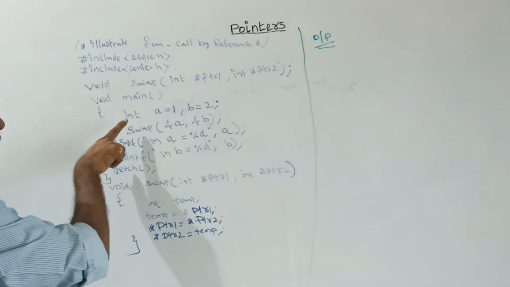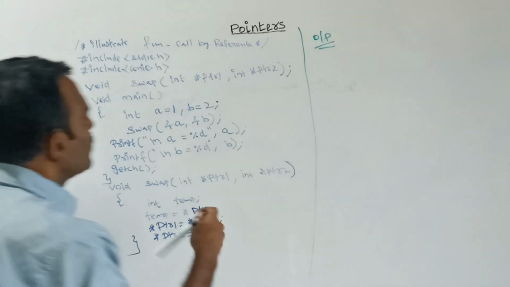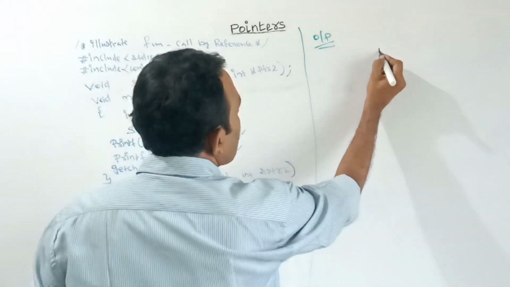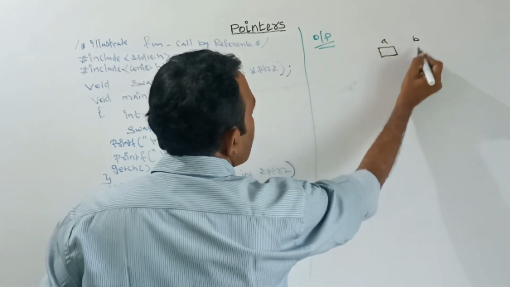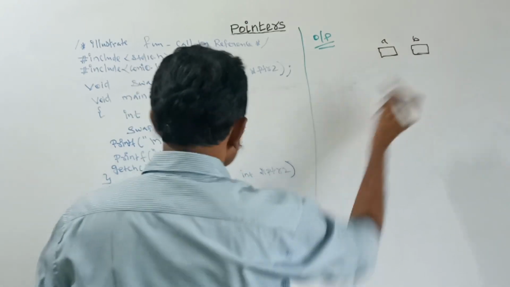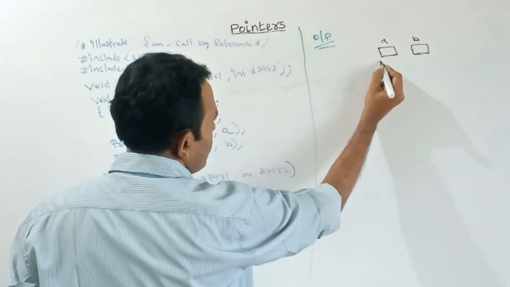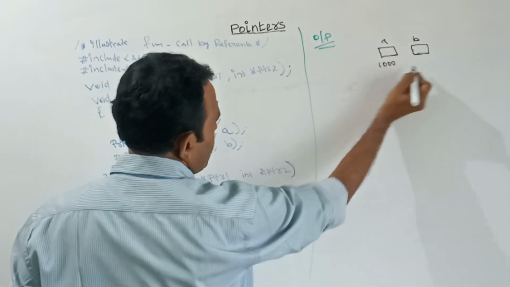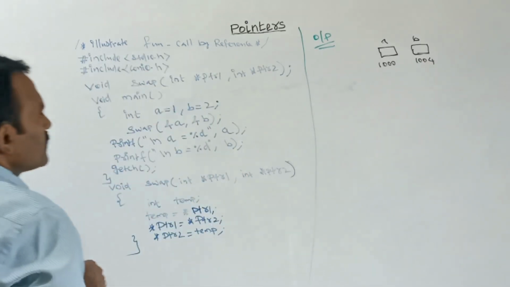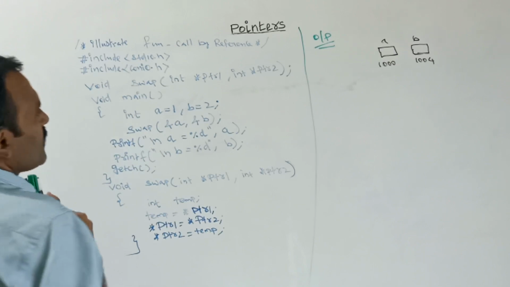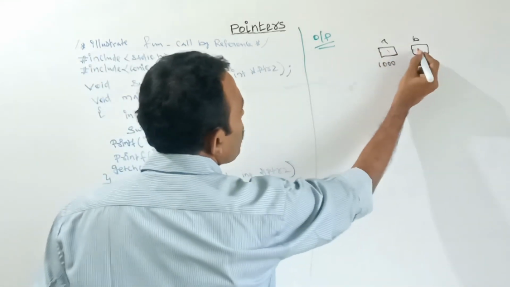In the main part I have declared integer a is equal to 1 and b is equal to 2, so it allocates memory for a and for b. Let us assume the address of variable a is 1000 and of b is 1004. The constant values I declared are 1 for a and 2 for b.